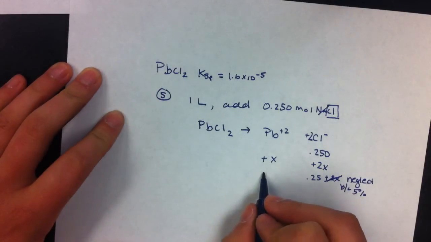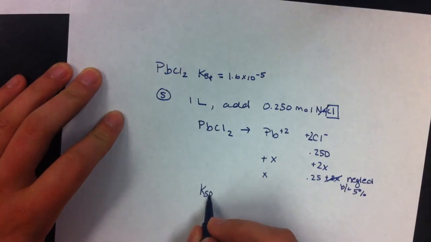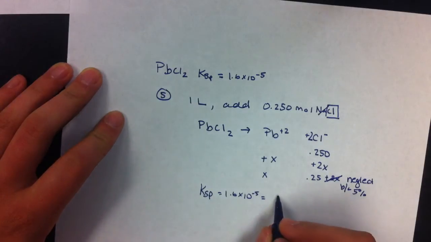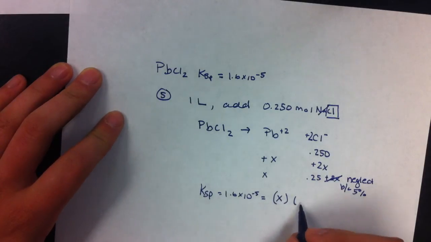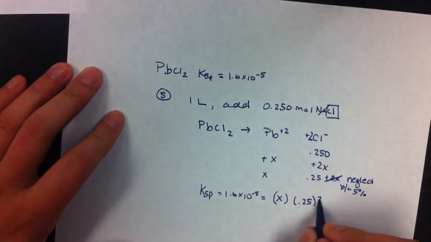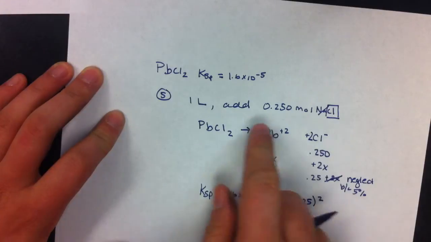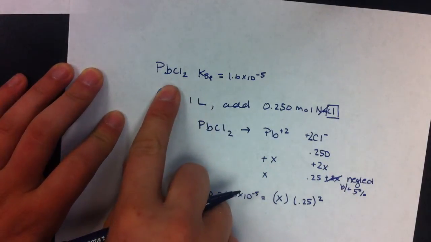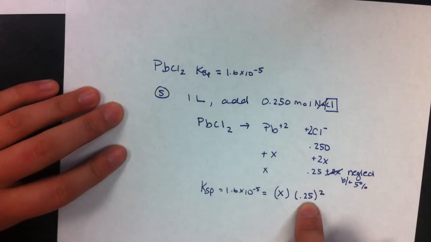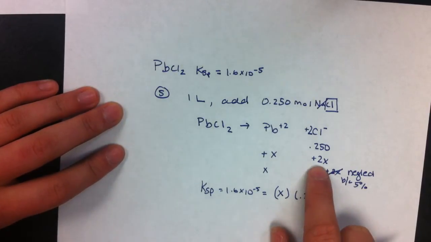And what we get is the Ksp, which is 1.6 times 10 to the negative 5th, has to equal whatever the new lead is times 0.25, because that's the new chlorine, squared because it's still Cl2. Notice we don't multiply the 0.25 times 2, even though there's a 2.